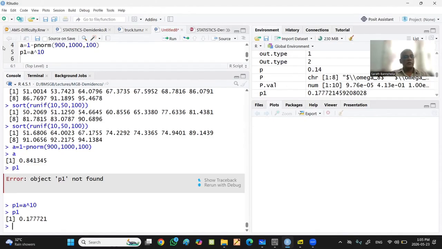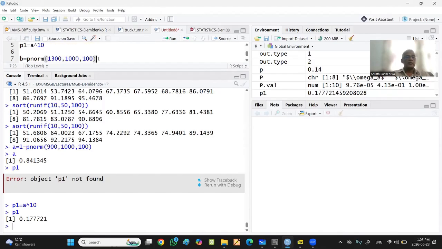To answer the second question, I need, first of all, to find the probability that any single bulb will have lifetime less than or equal to 1300. So I'll call it B. That is less than or equal to, I can get it directly from P norm of 1300, with 1000 and 100.